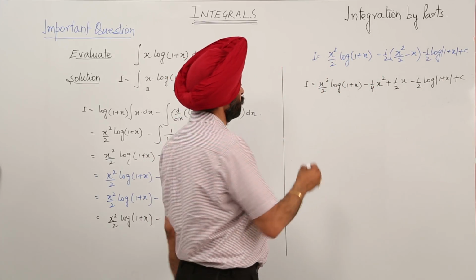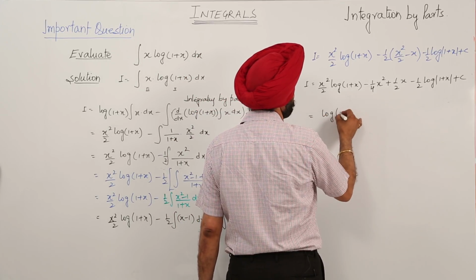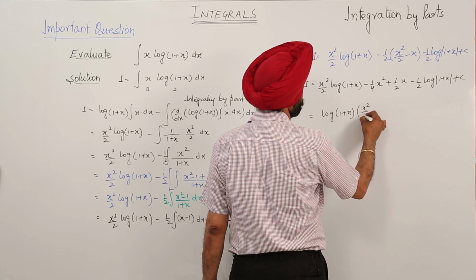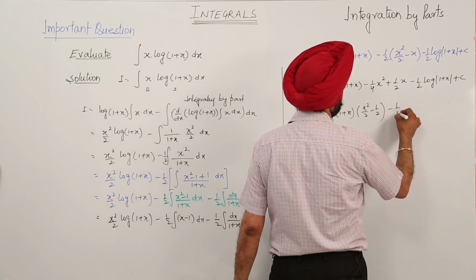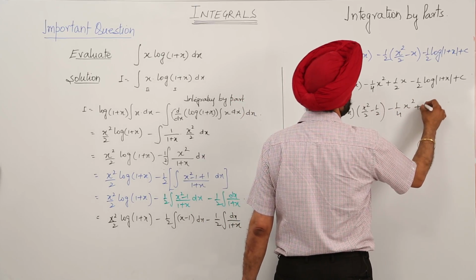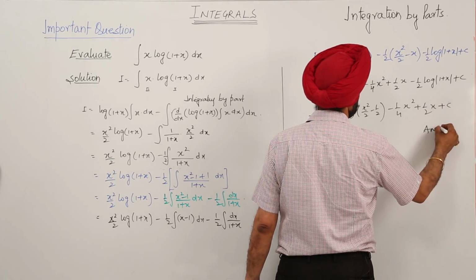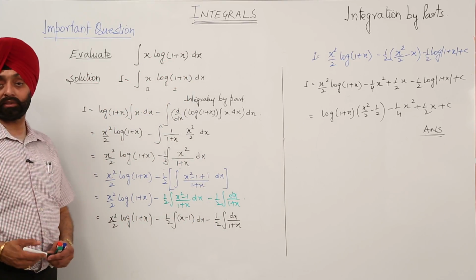Is it clear? Or log(1 + x) can be taken common and we can write x square upon 2 minus 1 upon 2, minus 1 upon 4 x square plus half x plus c, the answer. Okay, so we can move like this for this question.